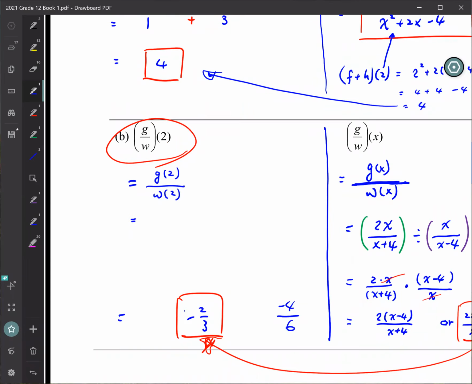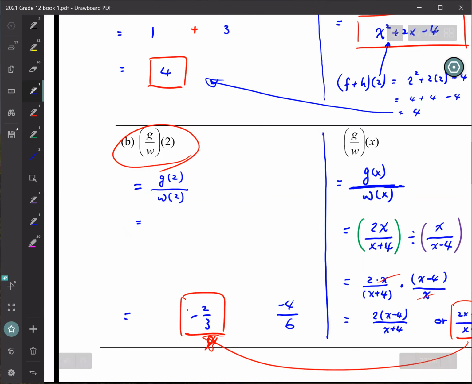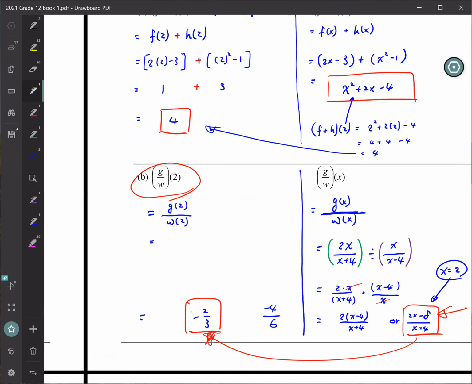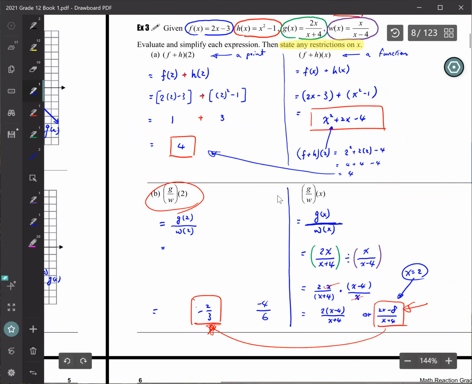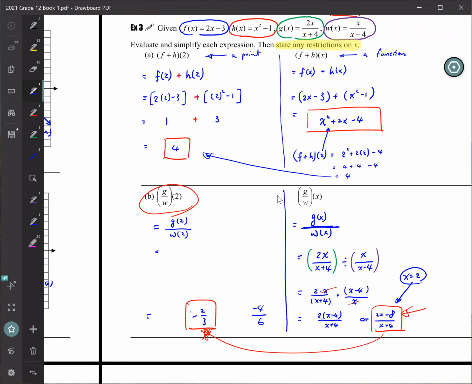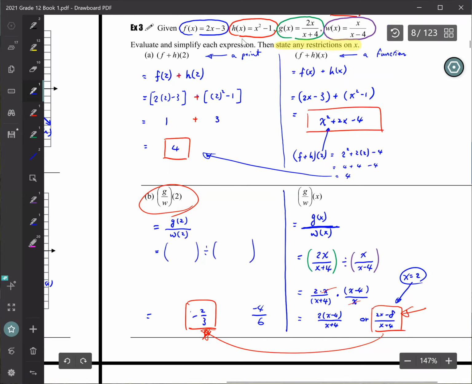So on the left side, I separate into g of 2 and w of 2, okay? Let's find g of 2. So Sophie, can you tell us what's g of 2? Oh, 2/-2. Okay, you could turn on your mic.